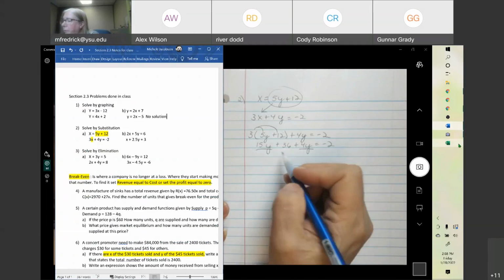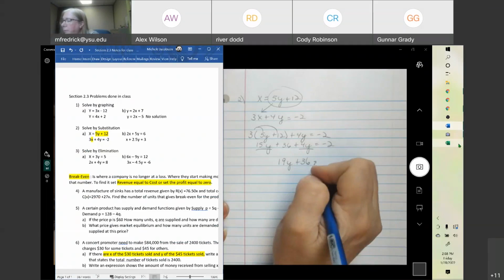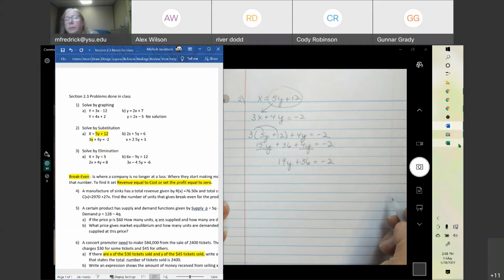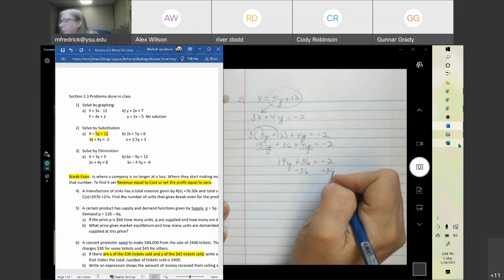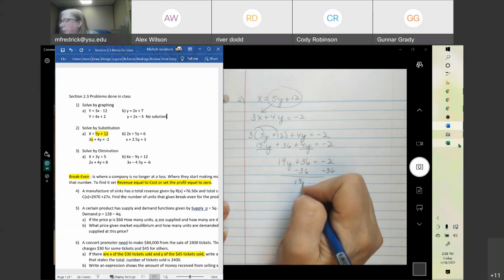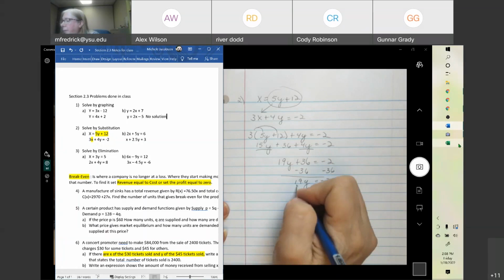Combine like terms. 19y plus 36 equals a negative 2. Subtract the 36. 19y equals a negative 38. And divide by 19.